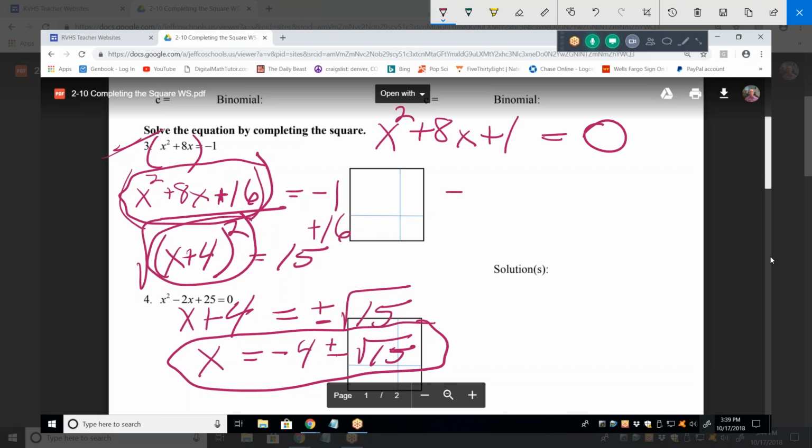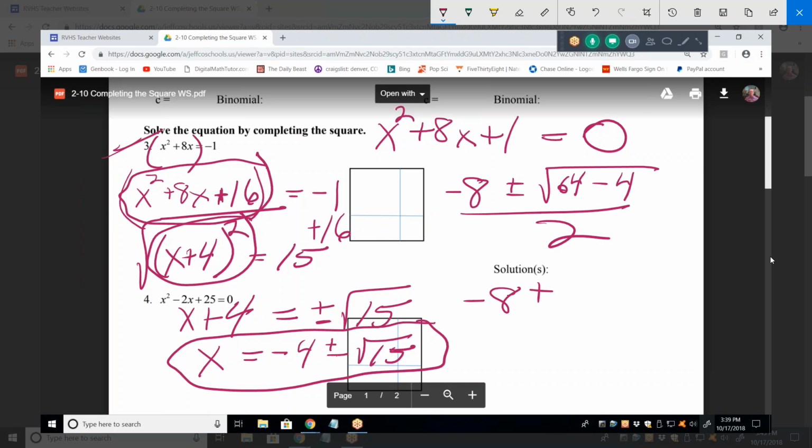I would have to use the quadratic formula. Well, what's the quadratic formula give me? It gives me this, which gives me this. And finally, I'm dividing top and bottom by 2.